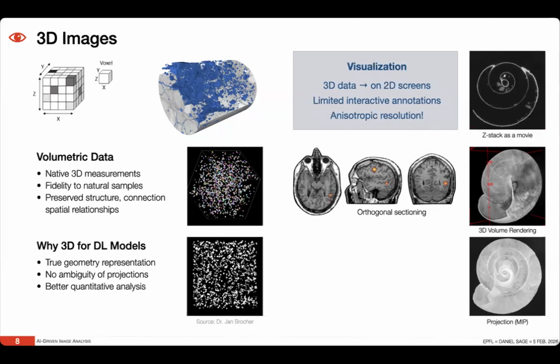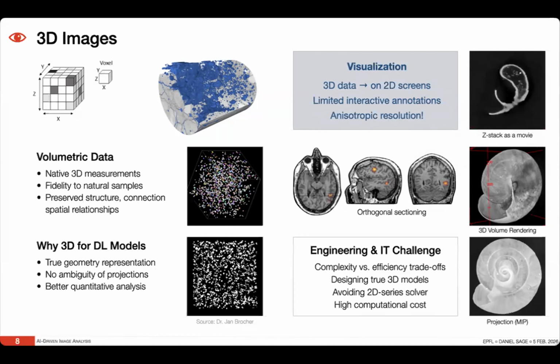Another challenge when you want to manipulate 3D images is the engineering and IT challenge, because you have to find a trade-off between complexity and efficiency, and the very important thing is we should try to design true 3D models.